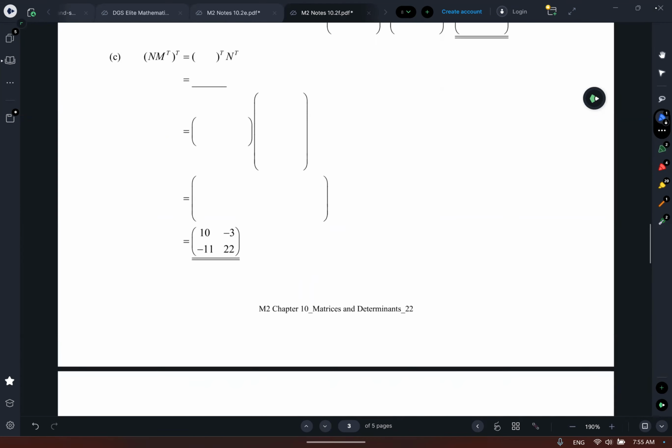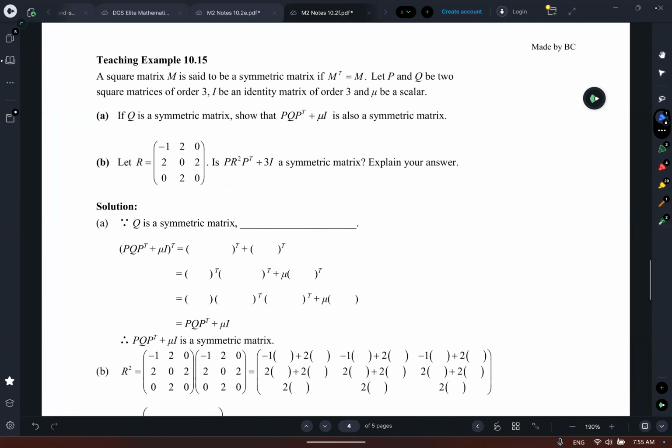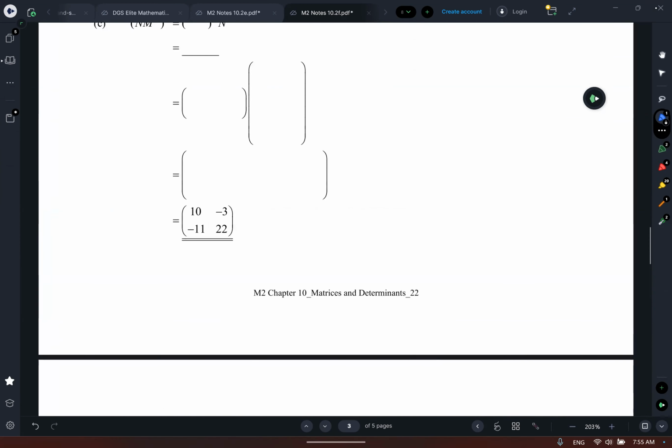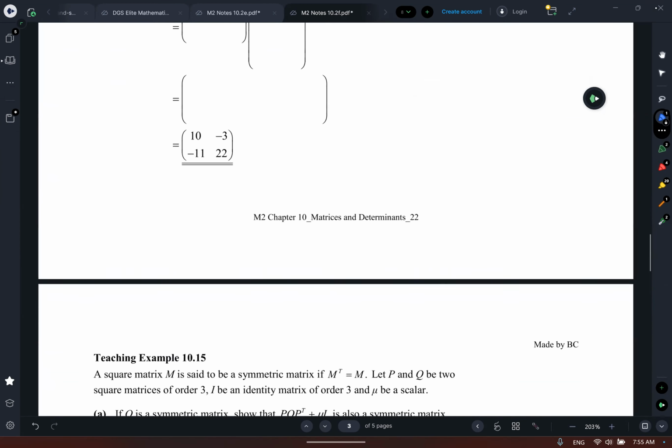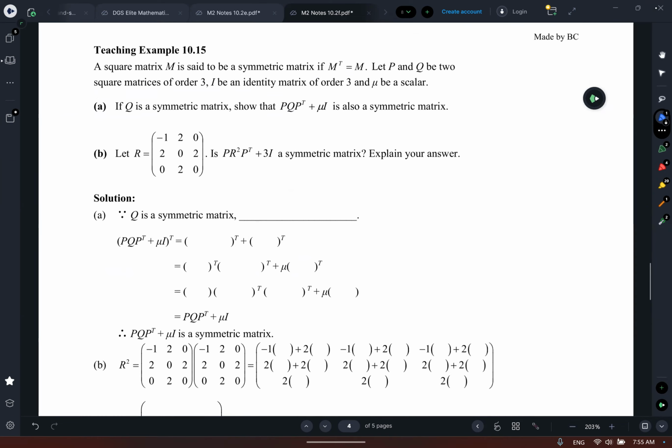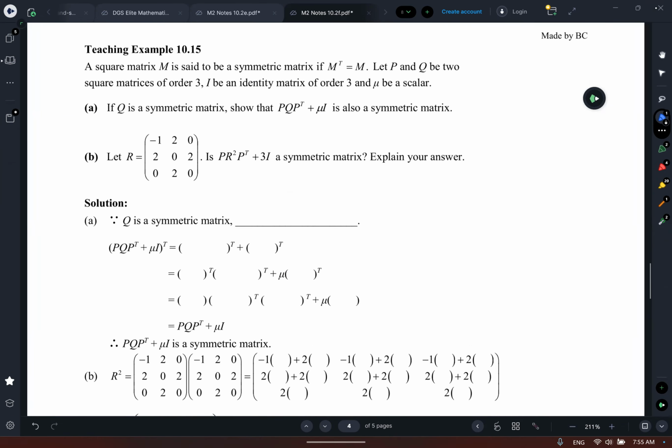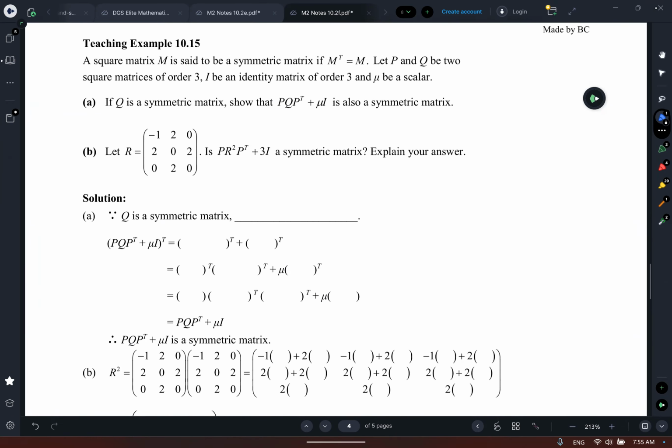Second example. Do I give you the answer? Oh yes, I gave you the answer. Second example. In this example, let's read it. It's quite abstract. A square matrix M is said to be a symmetric matrix if the transpose is equal to itself.